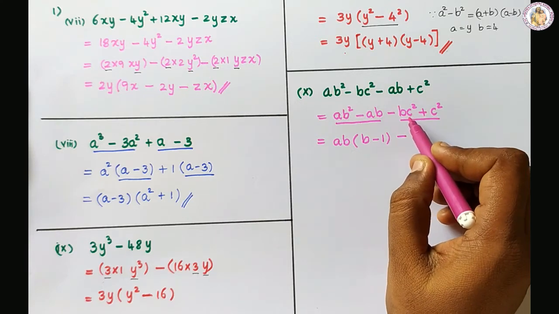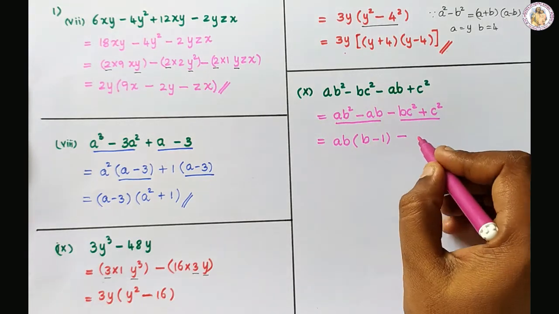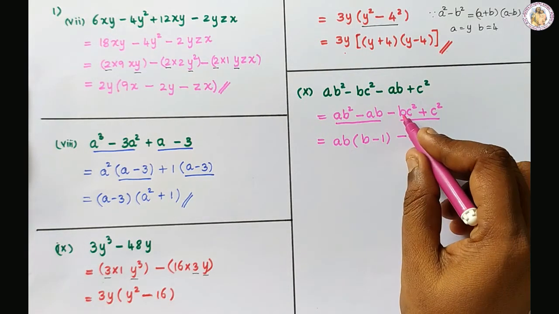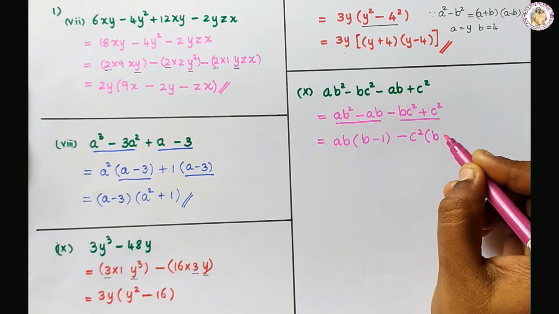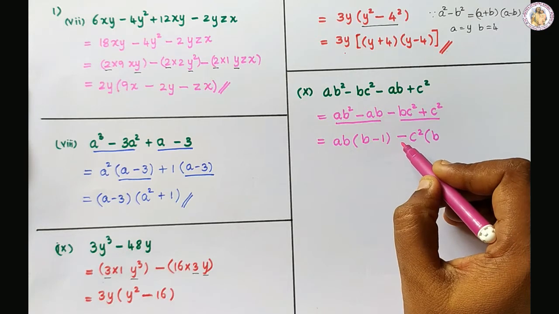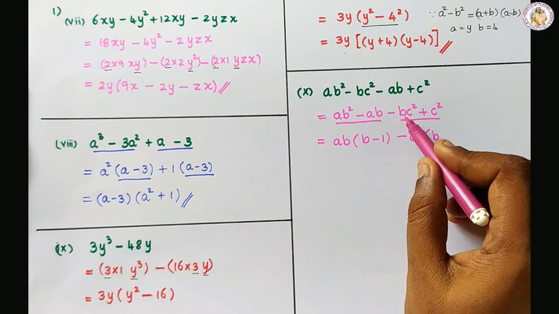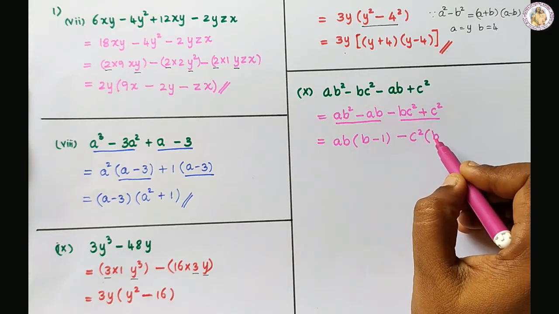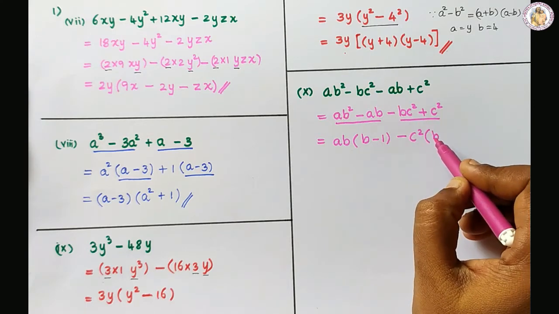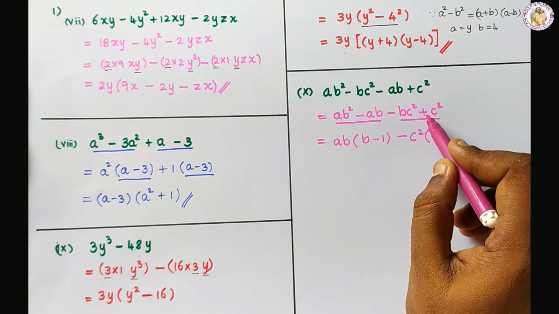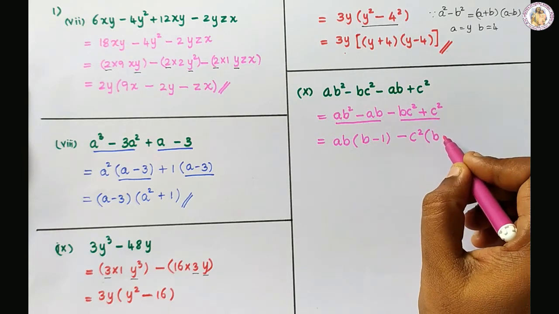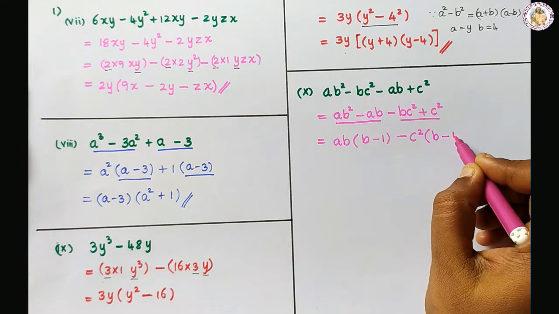Minus, here c squared is common, so take out c squared, b, and minus also we take out as common, so the first term changes into minus and the second term, which is plus, changes into minus.